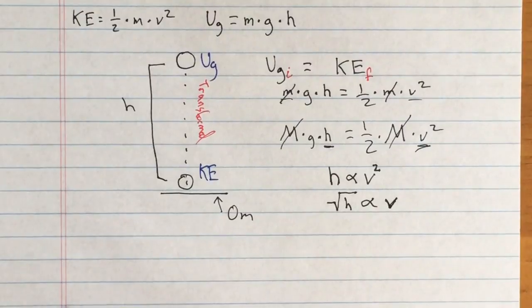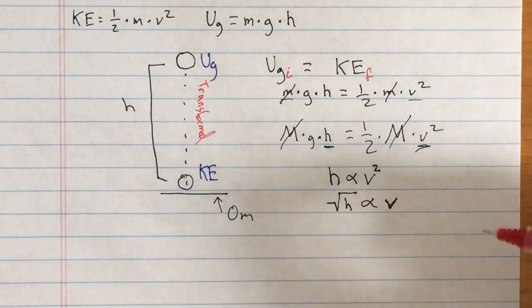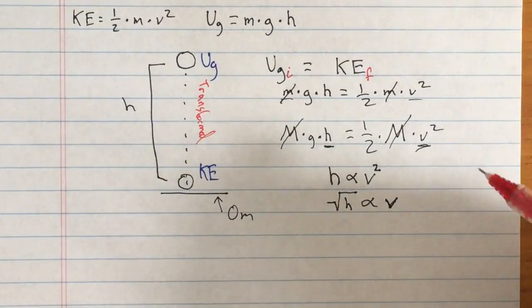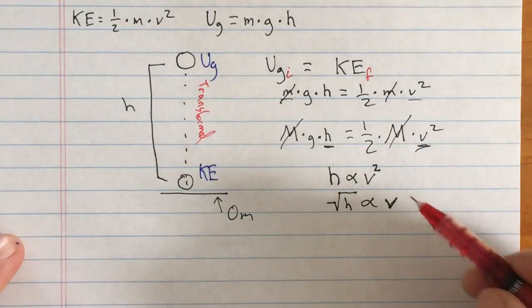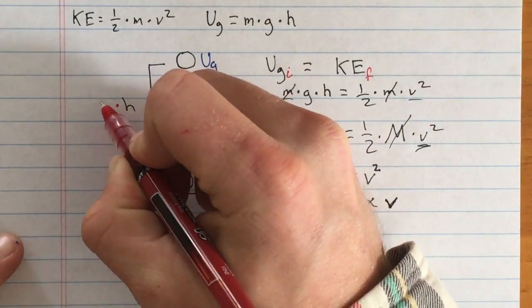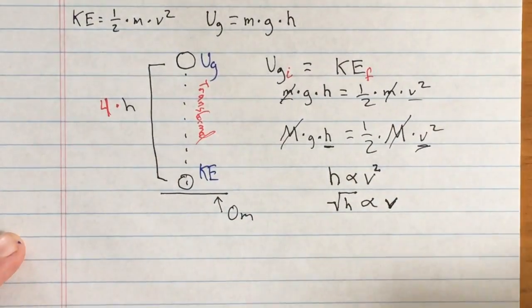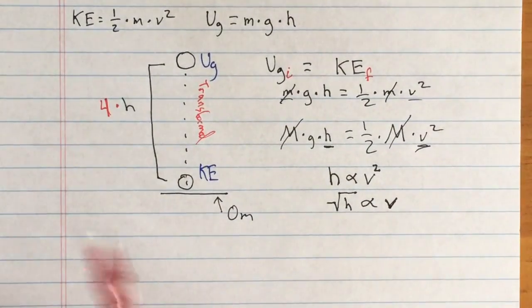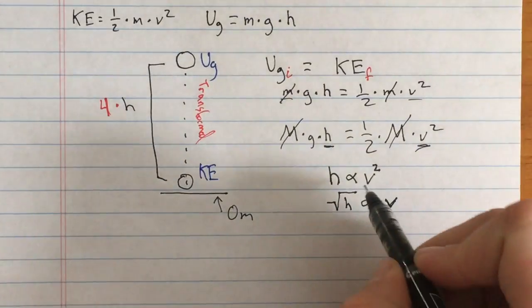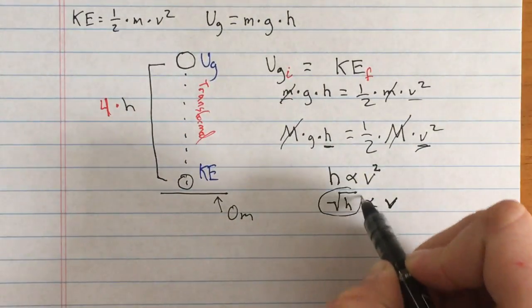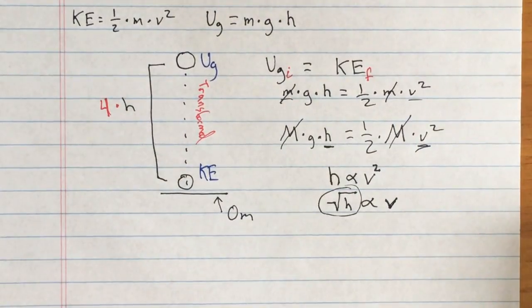Well, let's think about this for a second. What if you quadruple the height? 4 times the height. So our first velocity right here is proportional to the square root of the height.